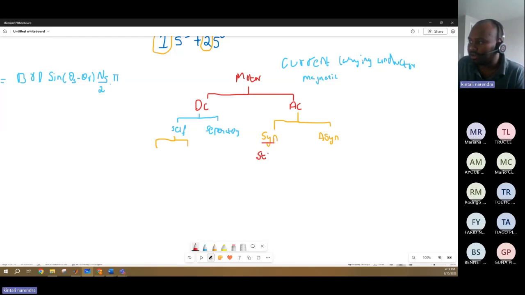So the stator and the rotor, if they are rotating at the same speed, and I didn't say they're aligning to each other. I just said they're rotating at the same speed. Imagine you are on a highway.